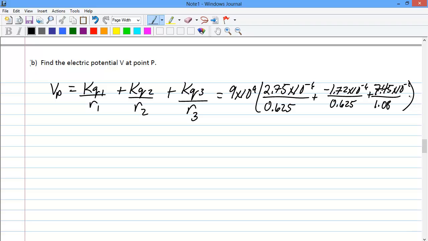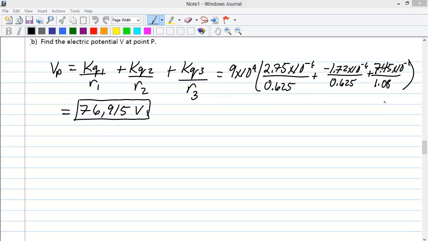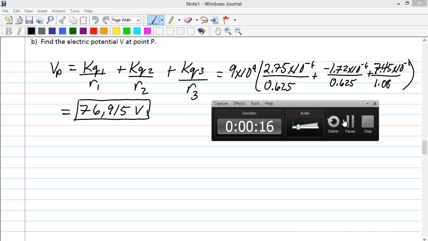Plugging this into my calculator, I get 76,915 volts. So to find the electric potential, all we have to do is take the potential due to each one of those charges, and because it's scalar, the sign does matter, so we subtract the negative one, and we get the answer of 76,915.